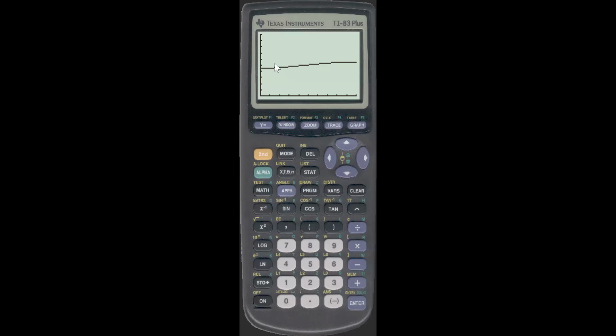So let's go back to the window. And I want you to change the min to now 10,000, and let's go 30,000 here. And this time, let's increment by 5,000.